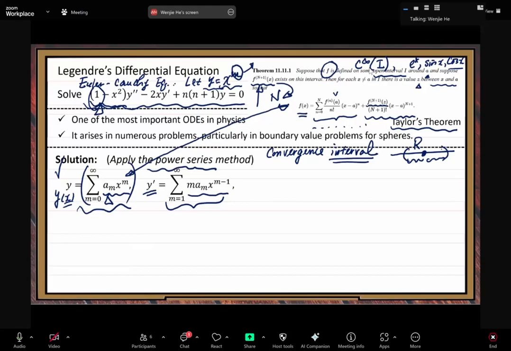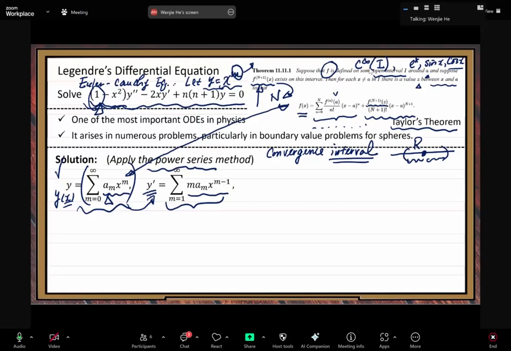Then we can come back to this question. Inside the convergence interval, it is true. There is a mathematical theorem that tells us that inside the convergence interval, when we take the derivative, we can do this term by term derivative, and it is also convergent.